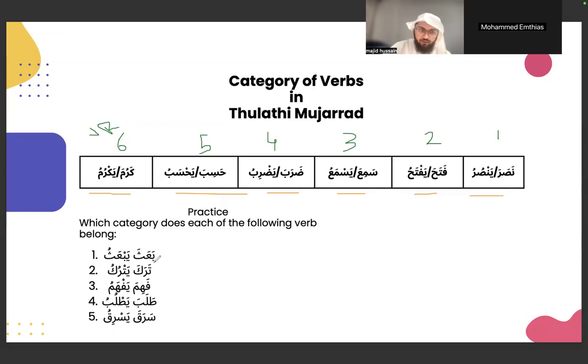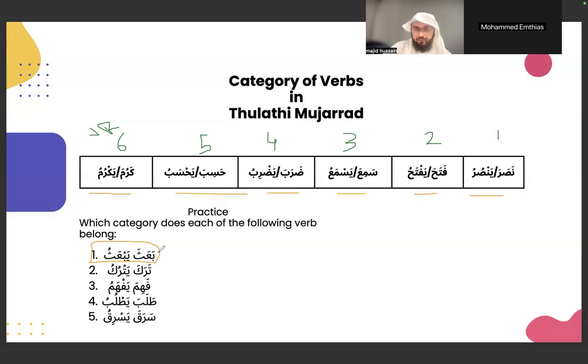For example, I have the word ba'atha, yab'athu. Now I need to look at which verb this first one will be from. Is it from the verb of sami'a, fataha, nasara, or hasiba? So I will look at the past tense: the fa kalima, ain kalima, the root letters, have fatha.